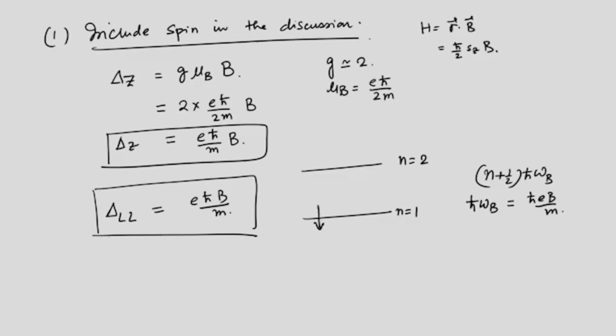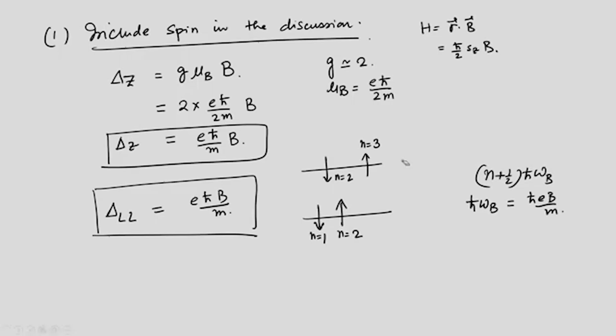Spin down corresponding to n equal to 1 will correspond to spin up for n equal to 2. So they'll coincide, and we no longer call this n equal to 1, because it is n equal to 1 for the down spin, but n equal to 2 for the up. Similarly, if I call this n equal to 2 for the down, I have to call this n equal to 3 for the up. So this one goes away.